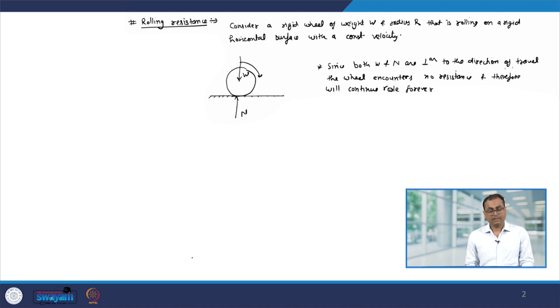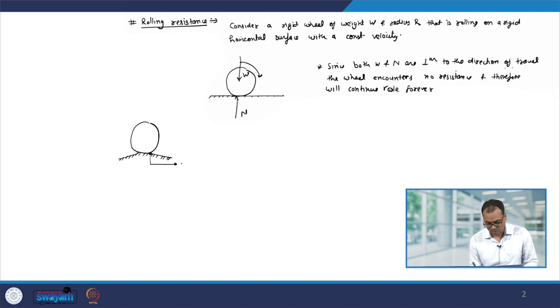But we know that in the real world both the wheel and the surface deform in the region of the contact. So, the practical situation is the following: we have this wheel and then we have the surface, and both the surface and the wheel deform. The deformation in the front part tries to stop the motion.